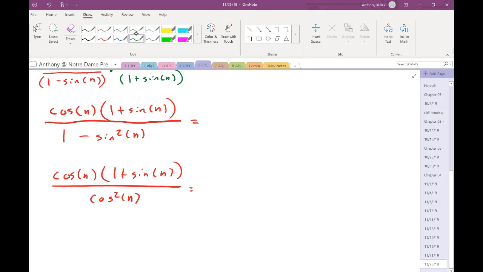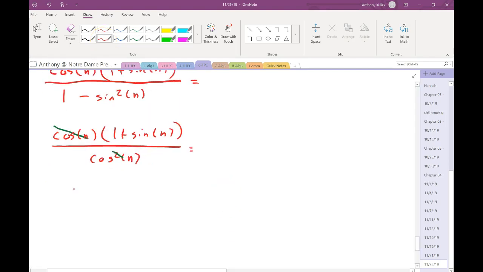And what do you see can happen now? Yeah, we can reduce. And what are we left with? The right-hand side. And we're done.